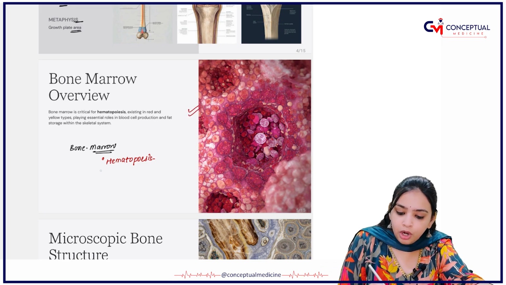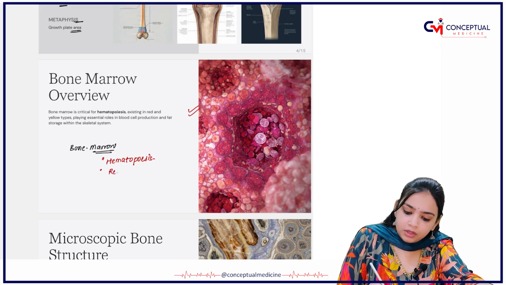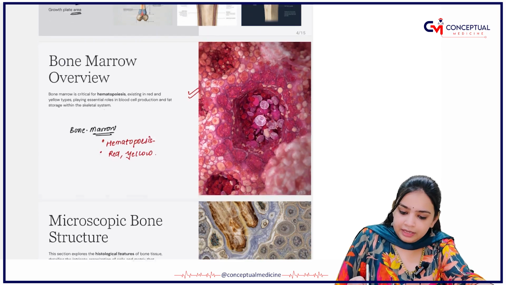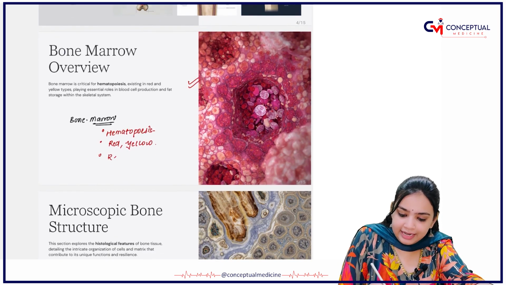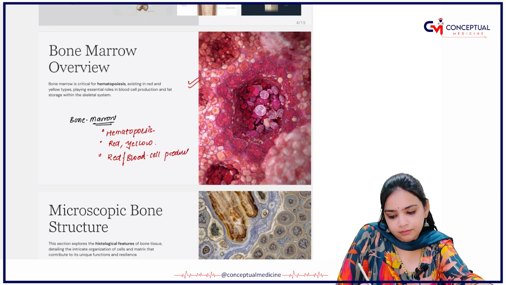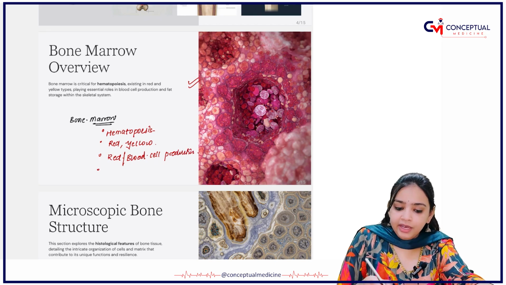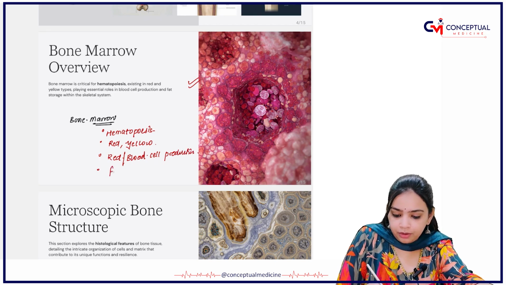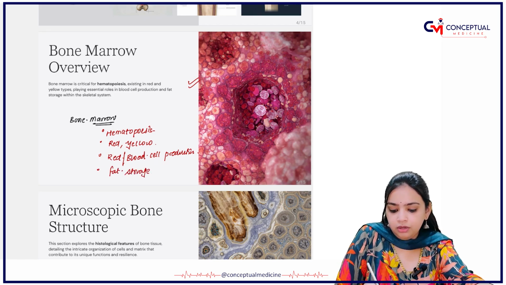It exists in two types, either red or yellow. It is essential for red blood cell production, and it also stores fat.